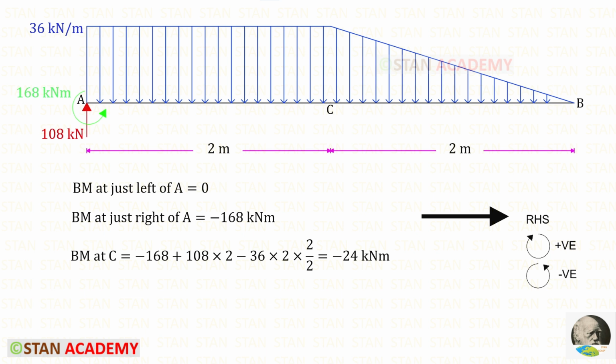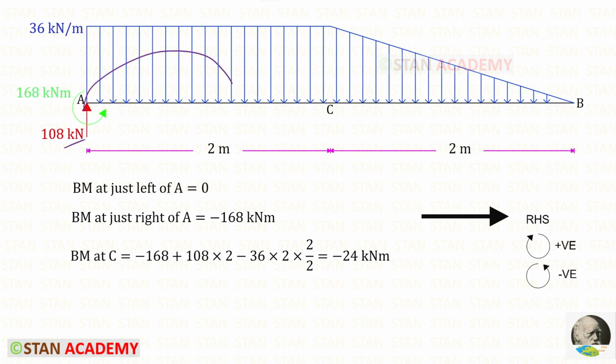Using the right hand side rule, we can find the moment values at A and at C. The moment at just left of A will be 0 and at just right of A will be MA, which is acting in the anti-clockwise direction, so it will be negative. Let us find the moment at C. MA is acting in the anti-clockwise direction, so it will be negative.